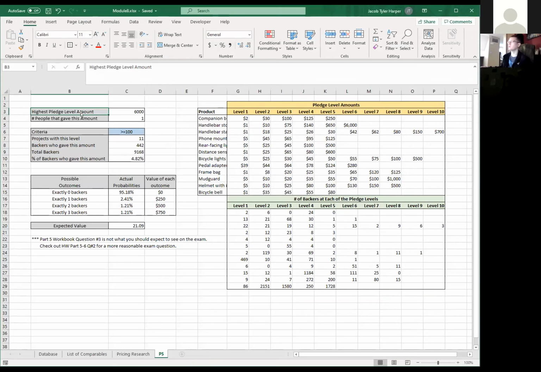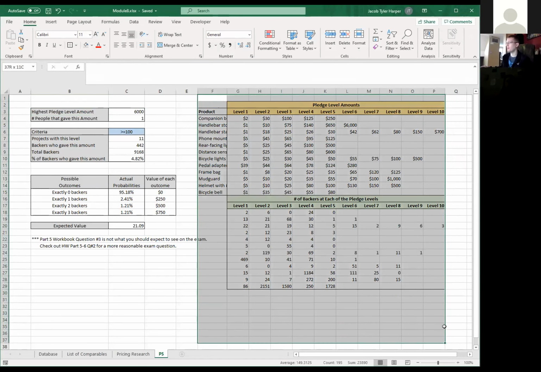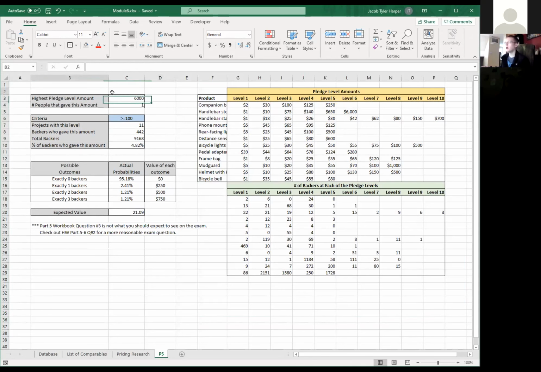There were a couple questions on there about this list of comparable stuff that we utilized in part 2, like figuring out the highest pledge level. We can essentially just eyeball it. That $6,000 is going to be the highest one, and we see that only one person gave that amount.